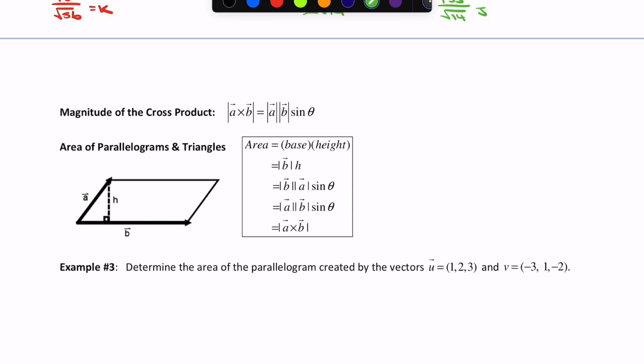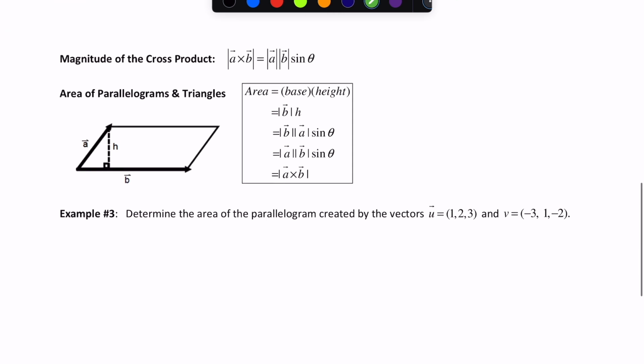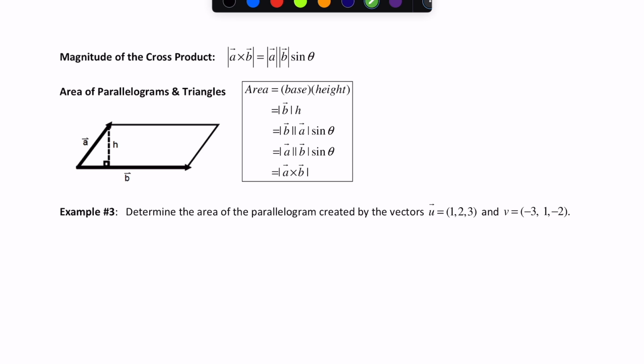If we look at the area of parallelograms and triangles, area is equal to base times height, which is equal to the magnitude of B times H, which is equal to the magnitude of B times the magnitude of A sine theta. That is also equal to the magnitude of A times the magnitude of B sine theta, which is equal to the magnitude of A times B.